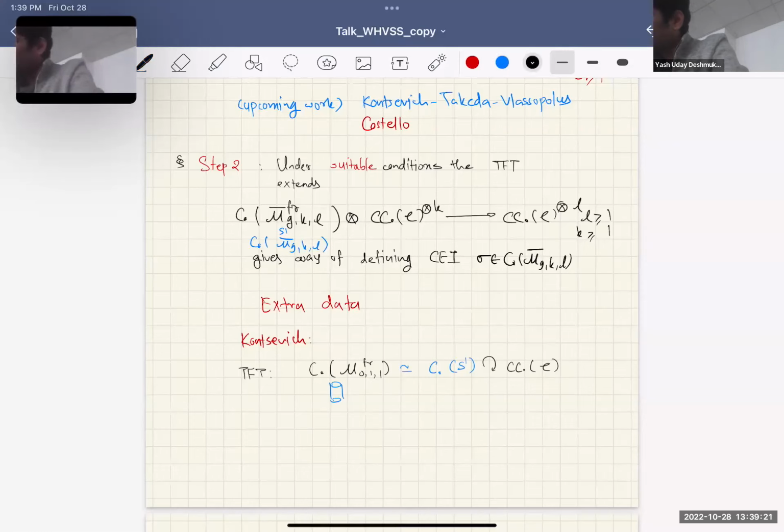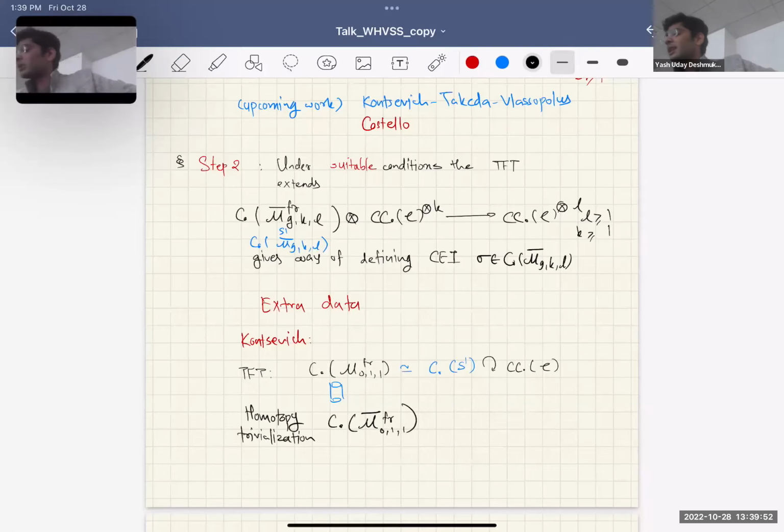And what this extra data is going to be is a homotopy trivialization of this circle action. And the way I interpret it in this case is you can extend the action to the compactified moduli space of annuli.